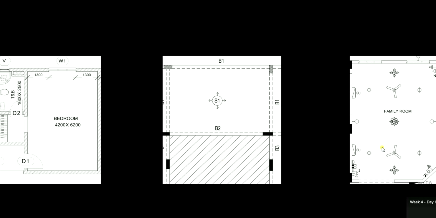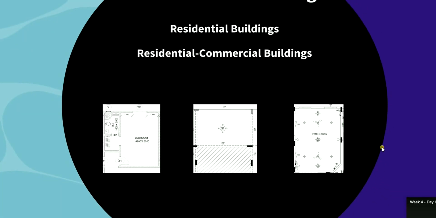Now, when it comes to the municipality, it will only ask for two of them. Normally, the municipality is going to be asking for the architectural and the structural. MEP is required for the construction. For the contractor, whenever he is going to start working, the client needs to be providing the contractor with the MEP.